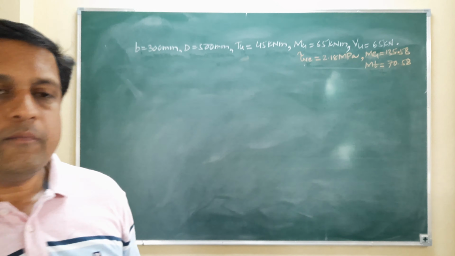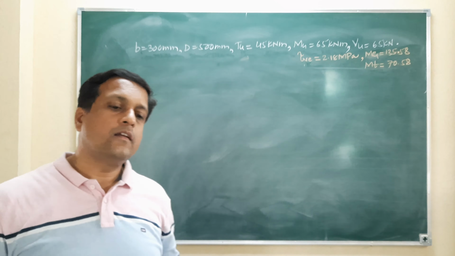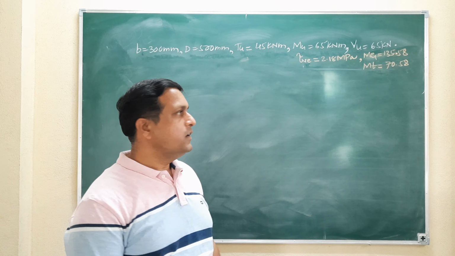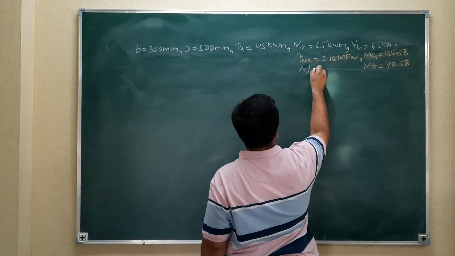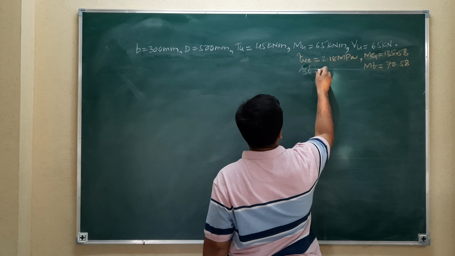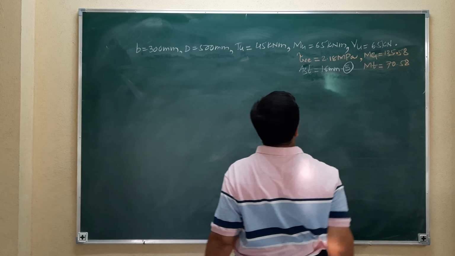Provide 16 mm diameter, 5 bars. By calculation it gets 4.66. That means you have to provide the area of tension steel as 16 mm diameter, 5 bars.